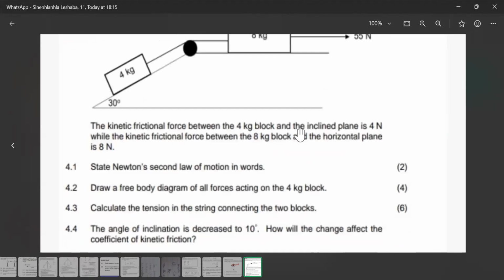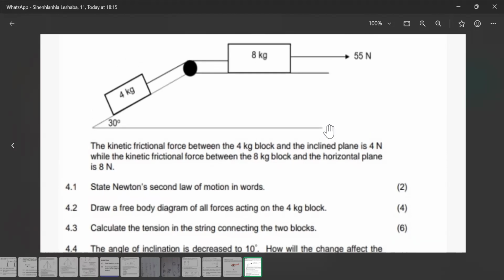And now that we have drawn the free body diagram, the next question is asking us to calculate the tension in the string that is connecting the 2 blocks. Now, this is what I need you to know. In order for you to find the tension connecting 2 blocks, you actually need to use simultaneous equations.